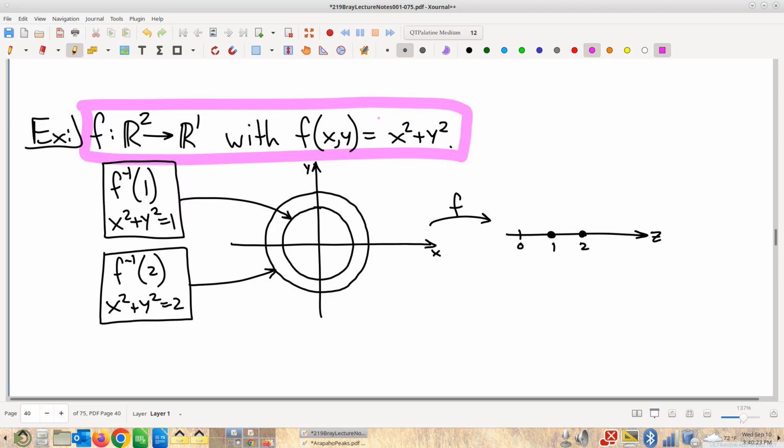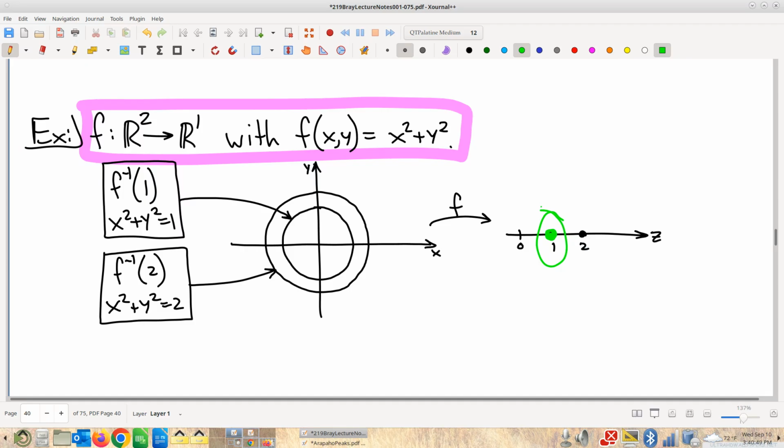The way we describe a level set is you pick some output. I'm going to pick 1 just to get the ball rolling. Given that output, I want to ask now, what are the corresponding input points? What points over here in the domain will this function give this output for?